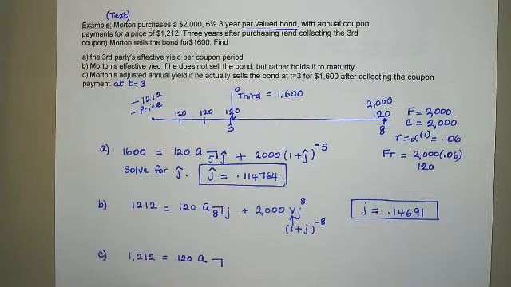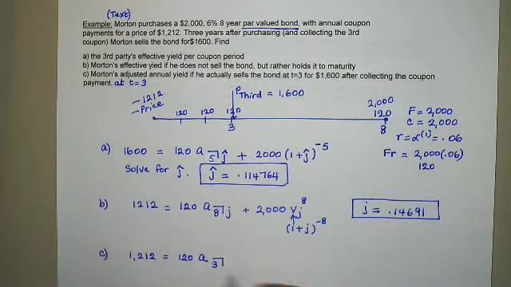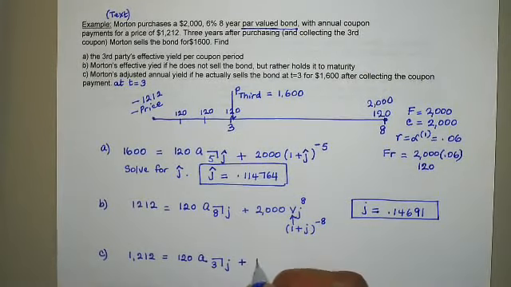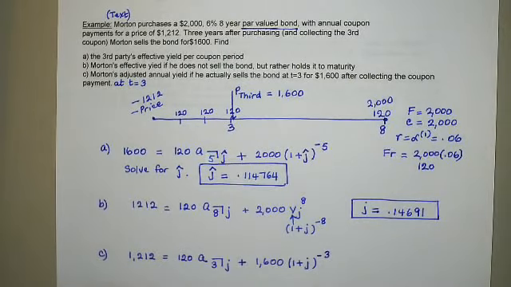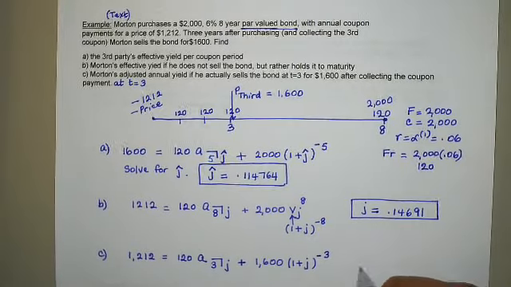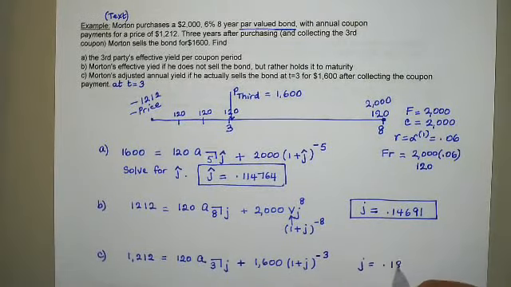So 1,212 is equal to 120 A angle, how many coupons collected, I should say, right? 3. A angle 3 at some J plus he actually sells the bond for 1,600. So 1,600 times 1 plus J to the minus 3 power.